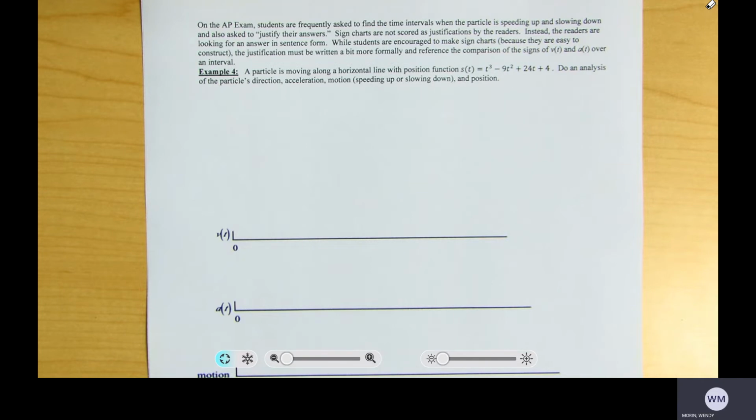They are easy to construct with justification, written a bit more formally, and reference the comparison of velocity and acceleration over an interval. Okay, so a particle is moving along a horizontal line with position S of t. Do an analysis of the motion, speeding up or slowing down, and position.